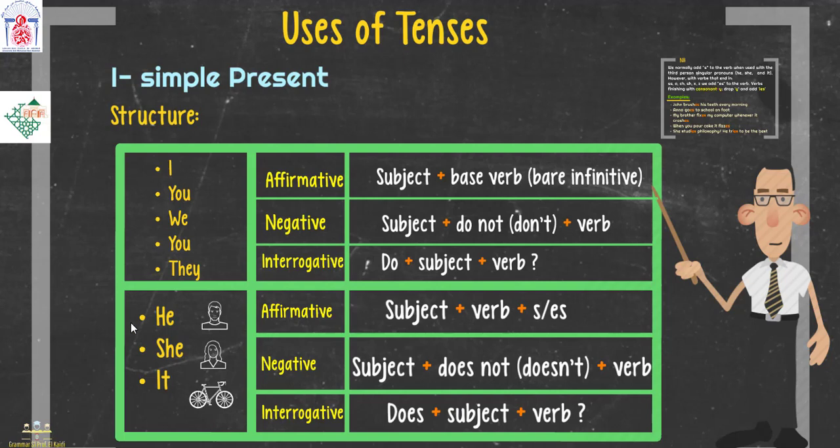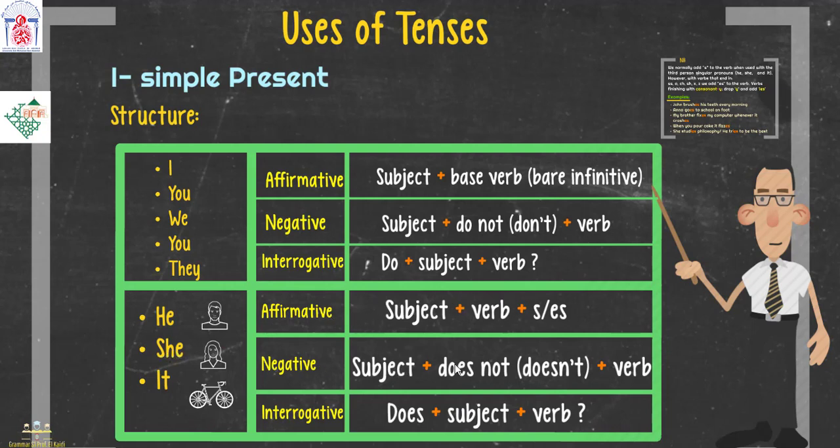But with the third person pronouns here, he, she, and it, we need to make some morphological changes, as we are going to see. We say, for example, he walks, not he walk. So we have subject plus verb plus s or es, depending on the verb that you have. So he walks, she walks, it walks. This is the affirmative form.